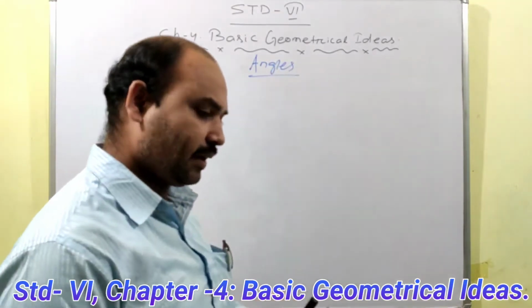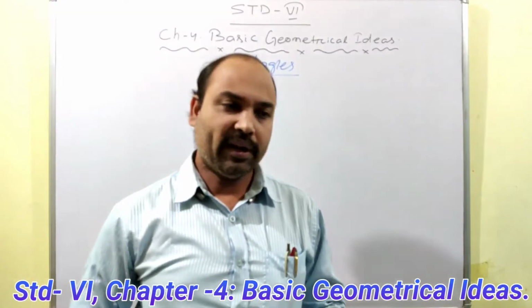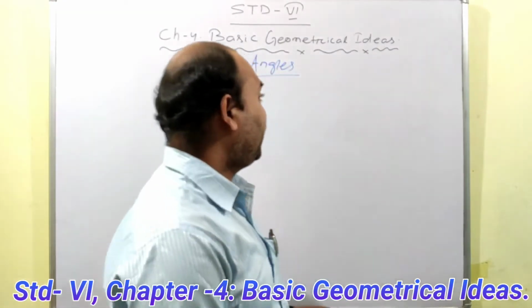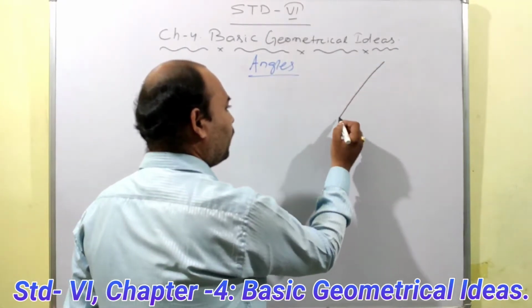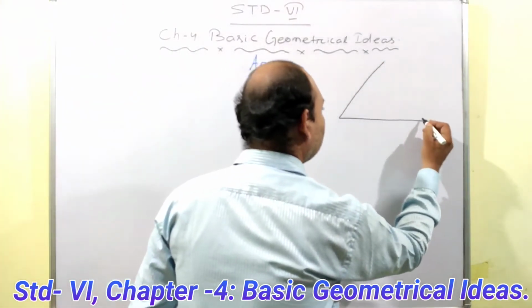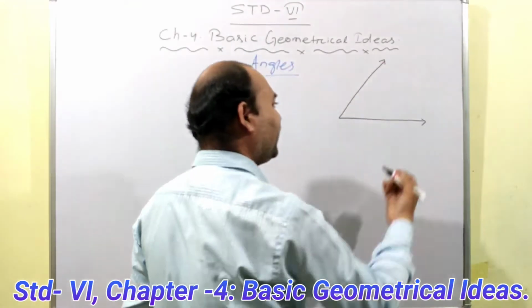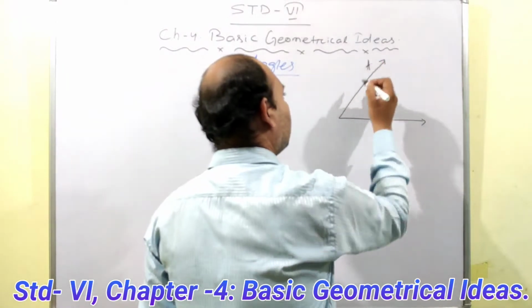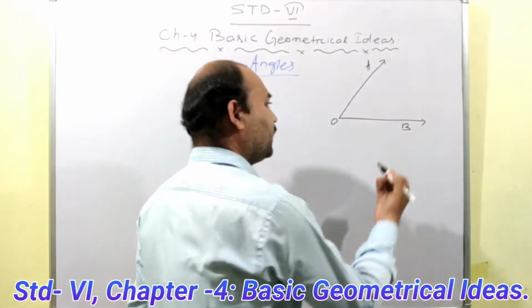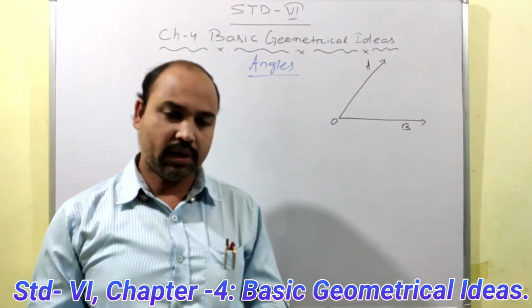So what is called an angle? When we say angle, it comes to our mind that this type of geometrical figure is known as an angle, and I name it AOB. AOB is an angle.